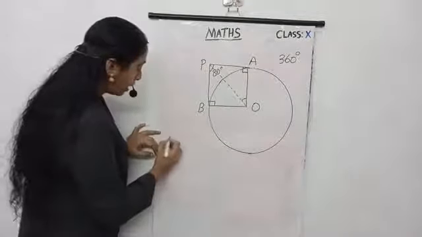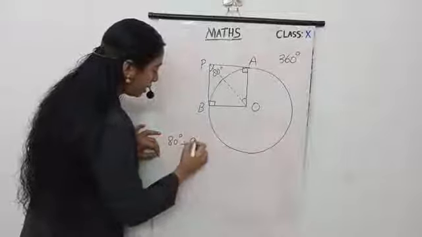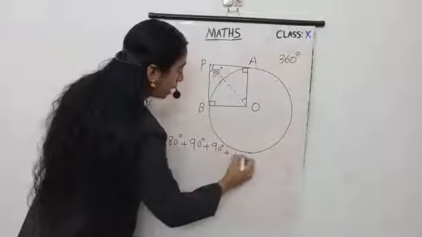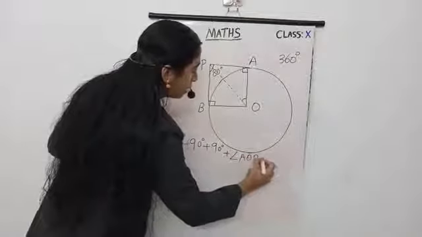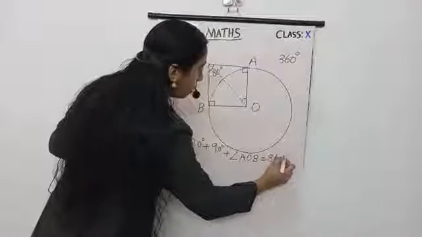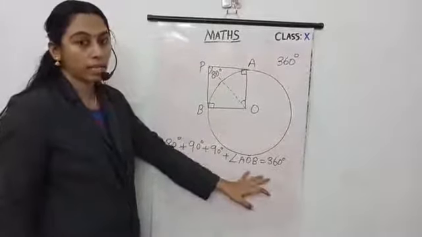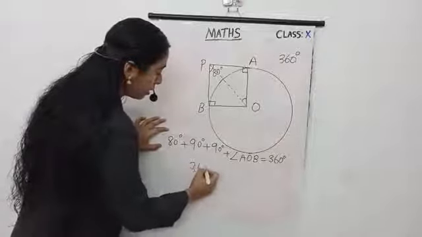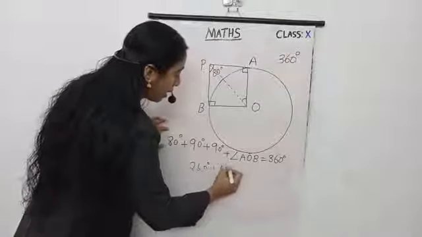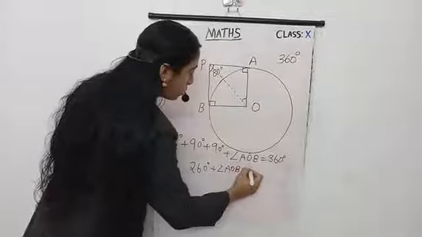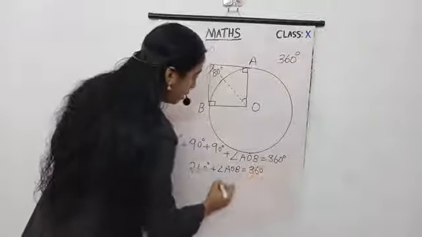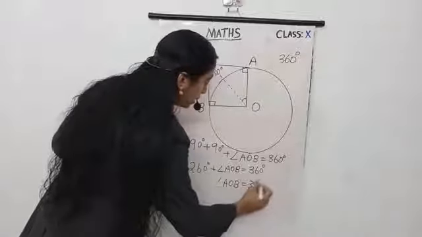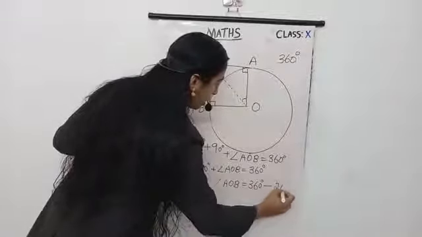So 80 degrees plus 90 degrees plus 90 degrees plus angle AOB is equal to 360 degrees. Now the sum of these is 260 degrees, plus angle AOB is equal to 360 degrees. So angle AOB is equal to 360 degrees minus 260 degrees.